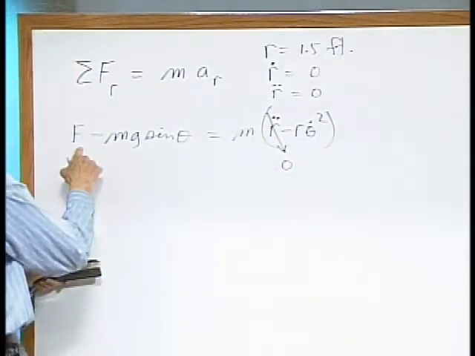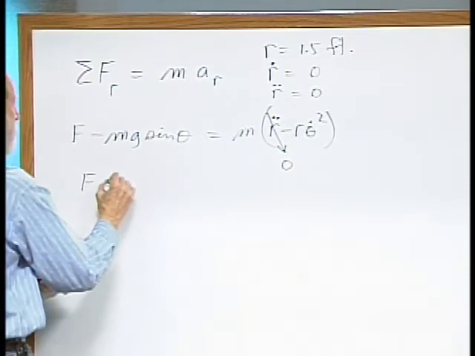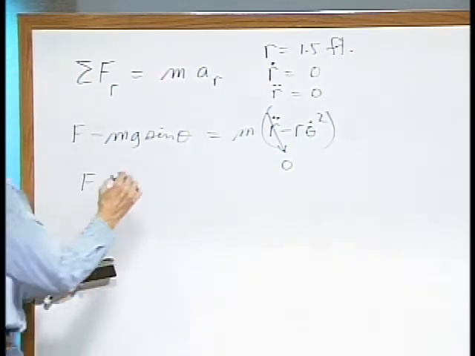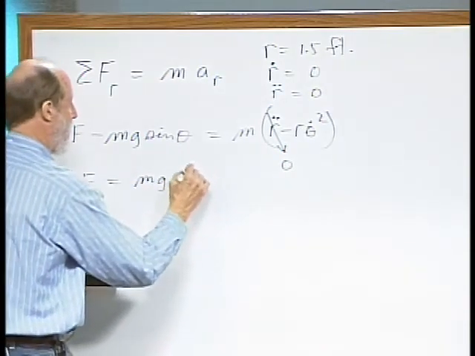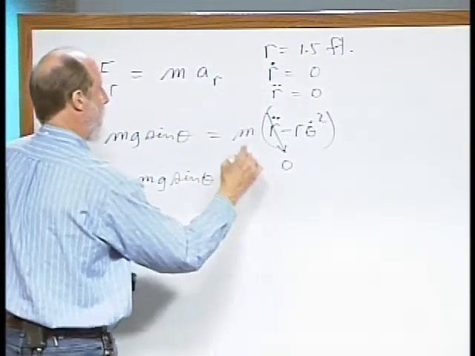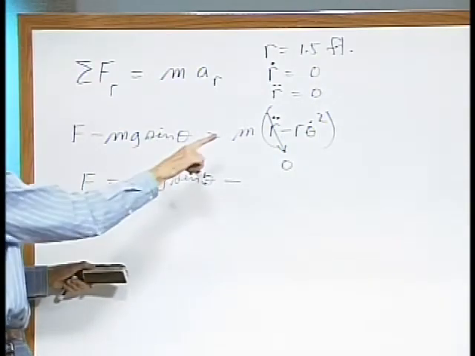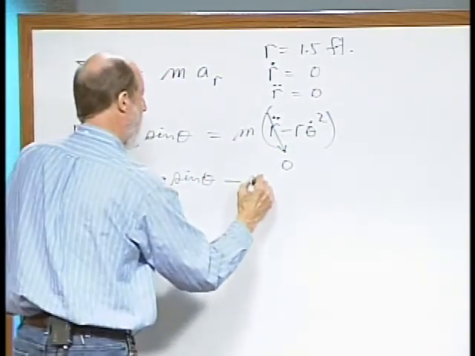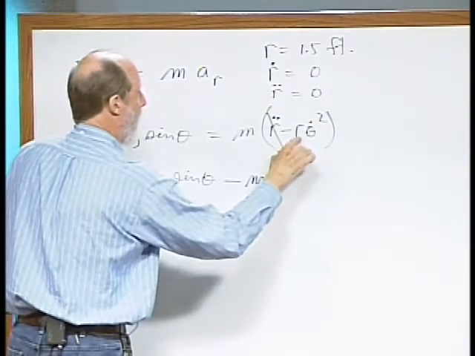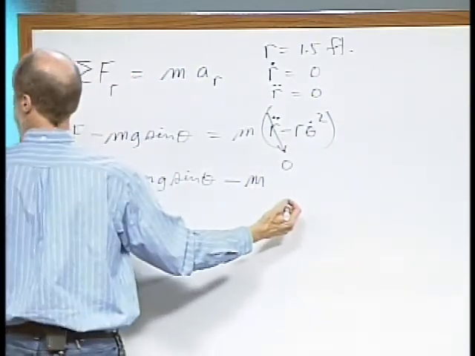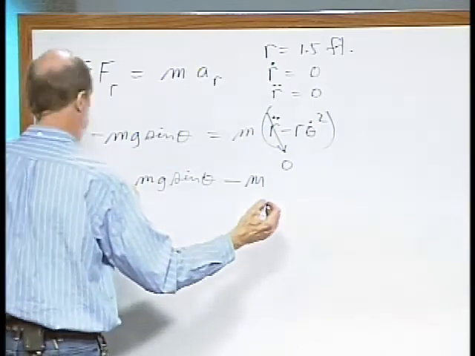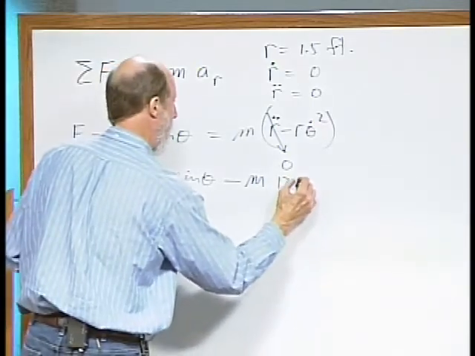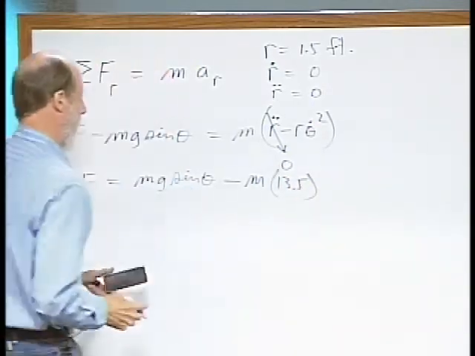And so the friction force then is going to have to be equal to mg sine theta minus, I move this mg sine theta to the other side, minus m times that r theta dot squared term, which we computed as 13.5 feet per second squared.